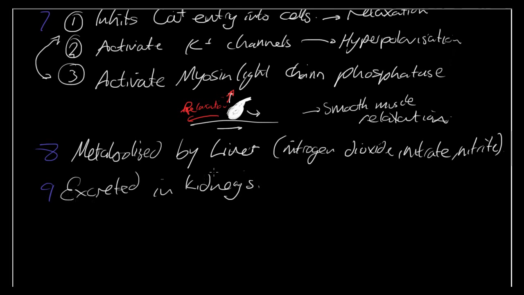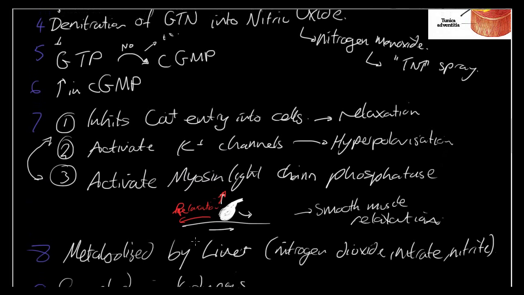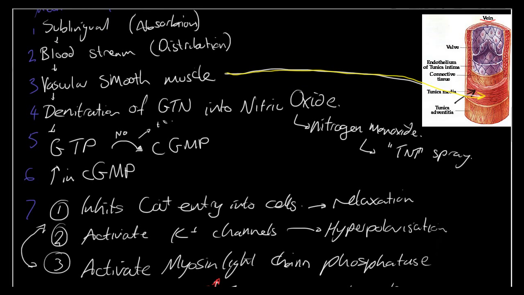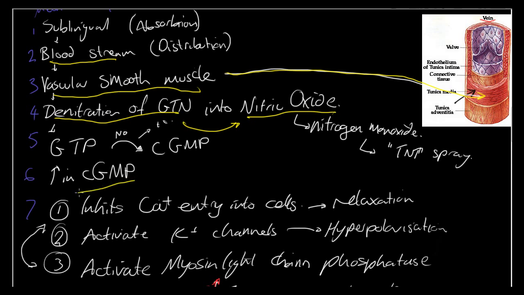Okay, so that's basically our mechanism of action. I've made it a little bit too big here, but I'm going to highlight the important points. Absorption is pretty straightforward. We get into the bloodstream, that's our distribution. Then from the bloodstream into vascular smooth muscle, that's quite important. Denitration of GTN into nitric oxide happens, that's really important. You could probably skip the next step and still be fairly competent. We get an increase in cGMP, that's quite important.